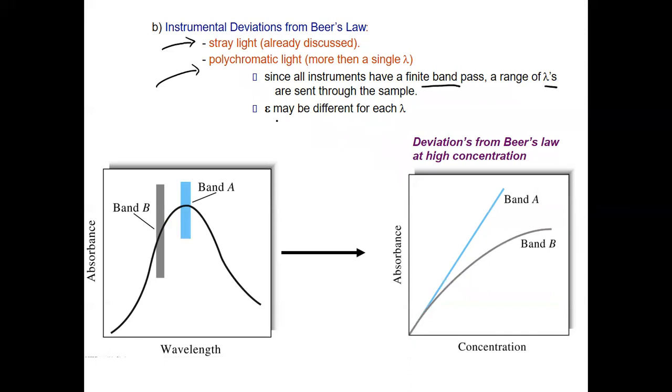And we could say the molar absorptivity may be different for each wavelength. This can be observed in terms of the wavelength. So if you have a bandpass here, it may just catch this area, and this bandpass may just catch this area.